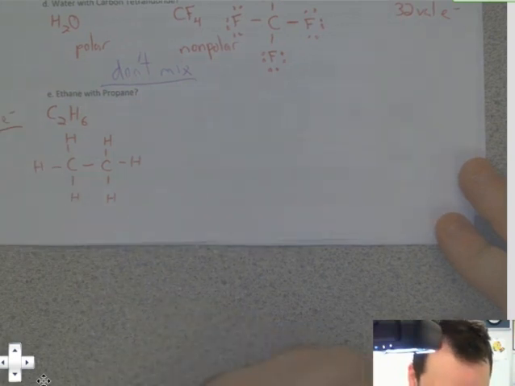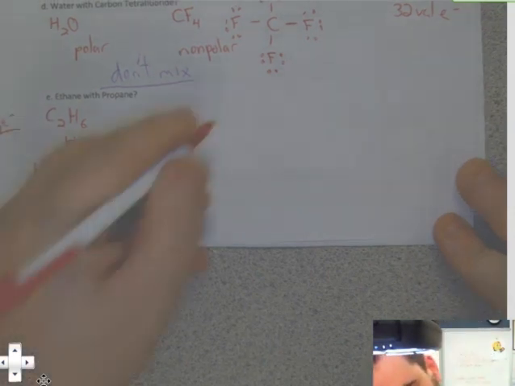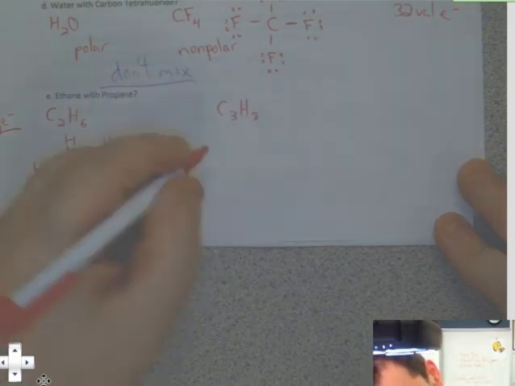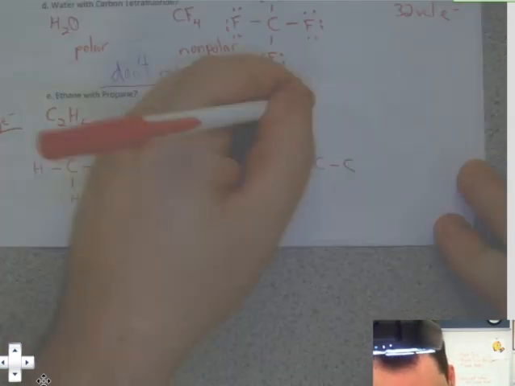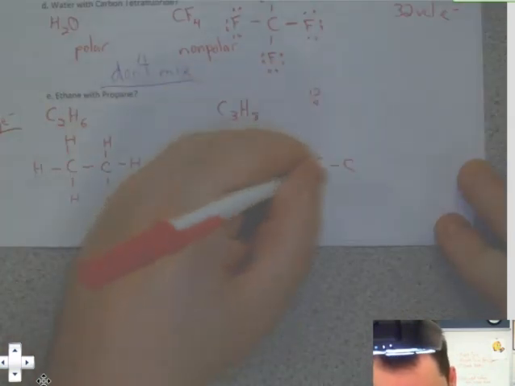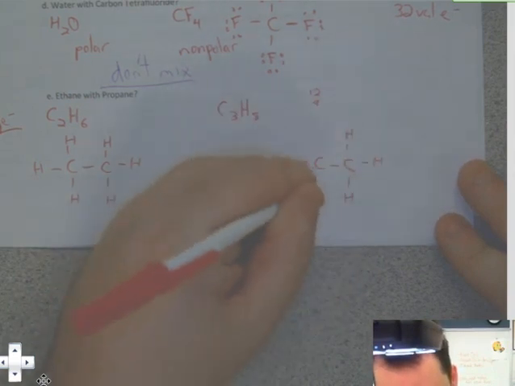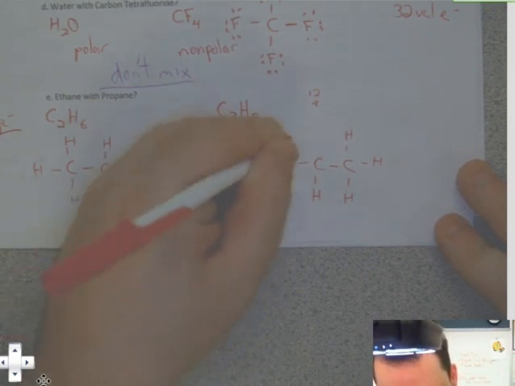Actually, it's 14, isn't it? 8 plus, yeah, it's 14, Mr. Aridum, come on. C3H8 is propane. C, C, C, 12 and 8. So we did 4, 6, 8, 10, 12, 14, 16, 18, 20.